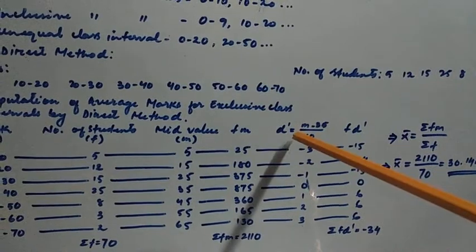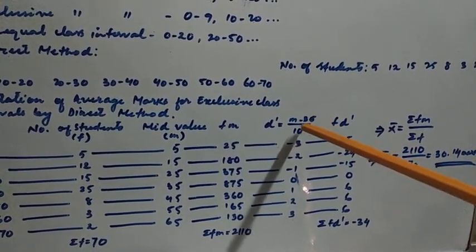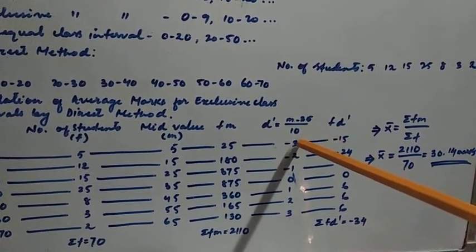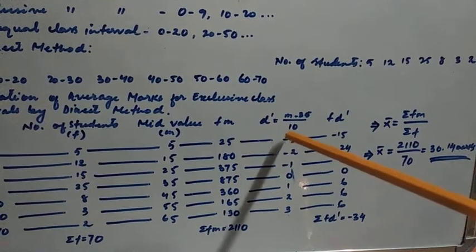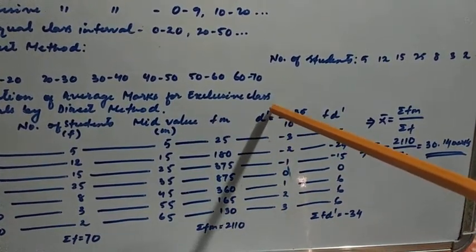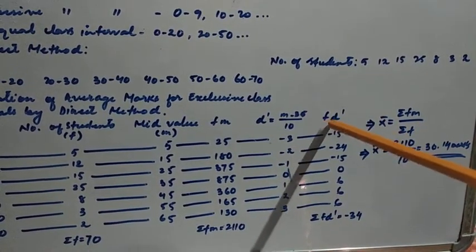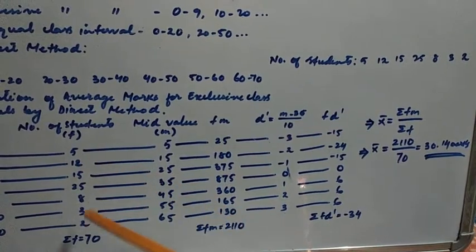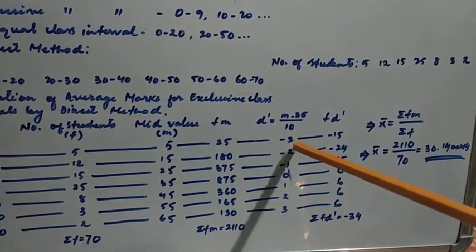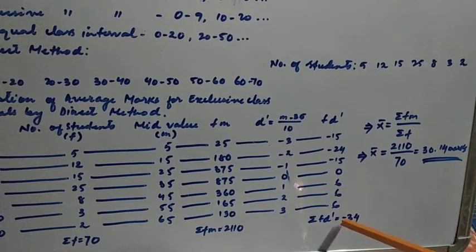To find d dash: midpoint minus 35, divided by 10. 10 is the common factor. By doing the calculation we get these values. And why do we find d dash? Because we have to find f d dash, f into d dash. So f is this one, and multiply f with this d dash. So 5 threes are 15, minus 15. That is how we get this summation f d dash, that is minus 34.